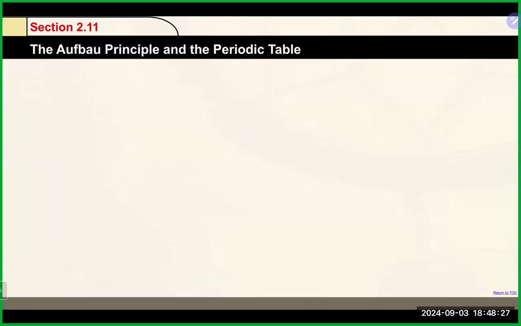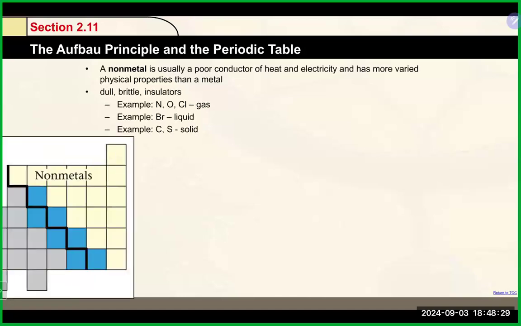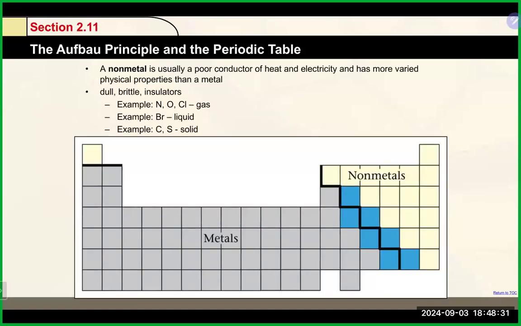Now, nonmetals, on the other hand, have pretty much the opposite characteristics. They are dull, they are brittle. They also are bad conductors of heat and electricity. They basically have the opposite characteristics of a metal. They also have a lot more variety in terms of the state they are in.